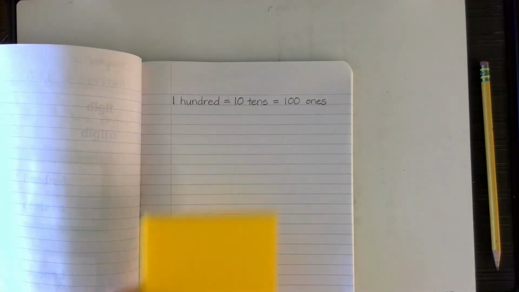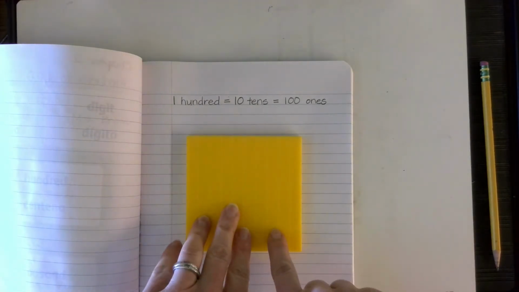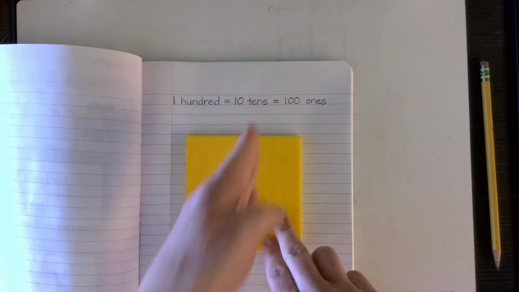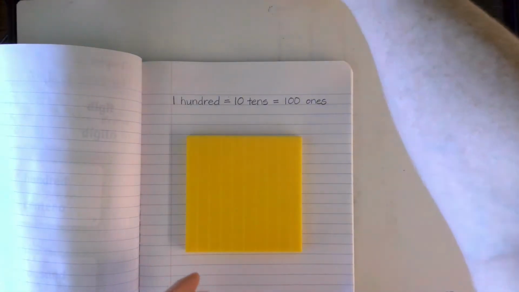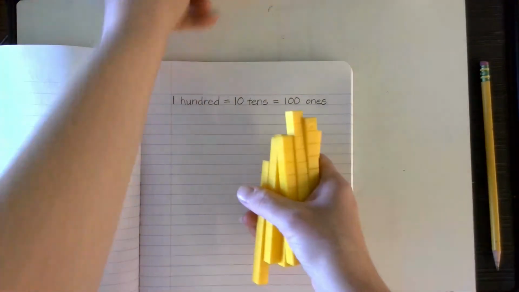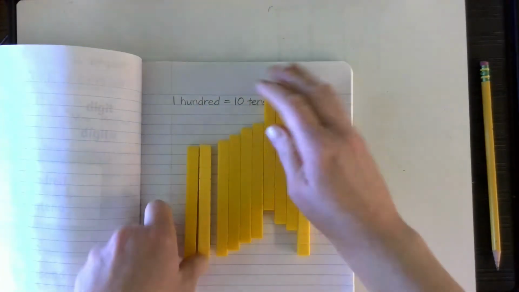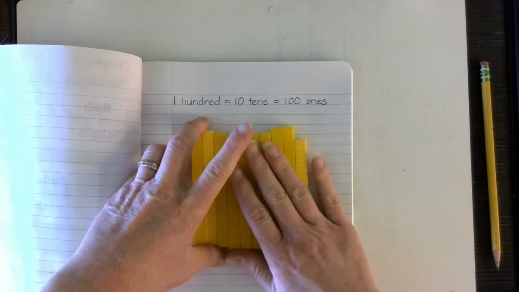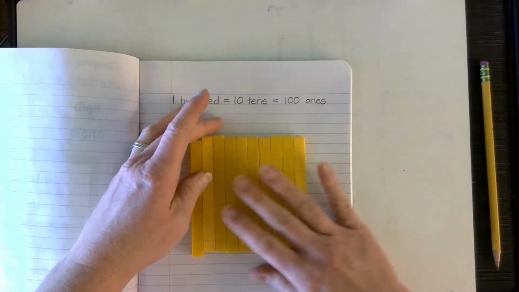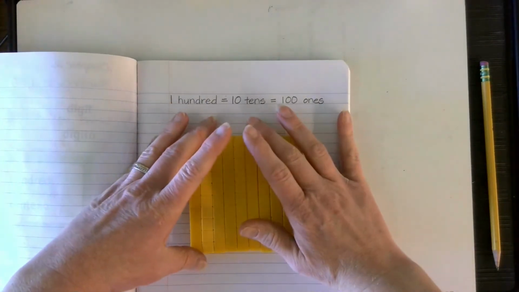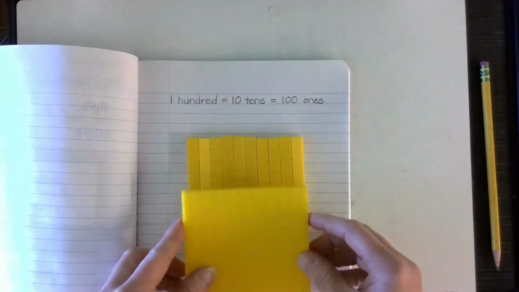So here's my 100. If I take my 100 and cut it up into tens, that is the same amount. Okay. 10 tens is equal to 100.